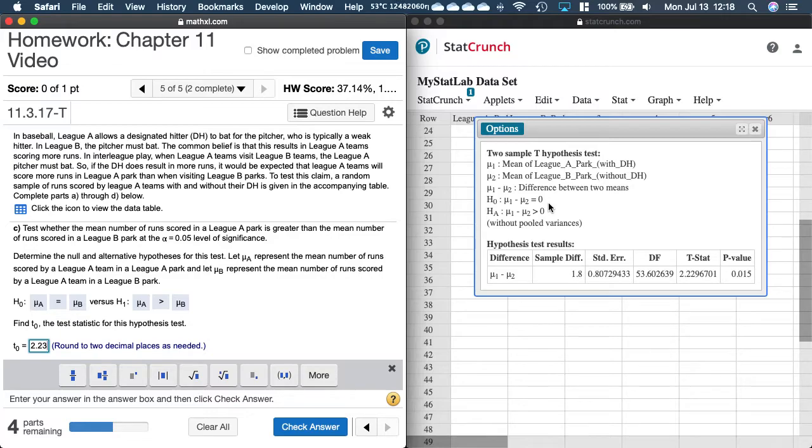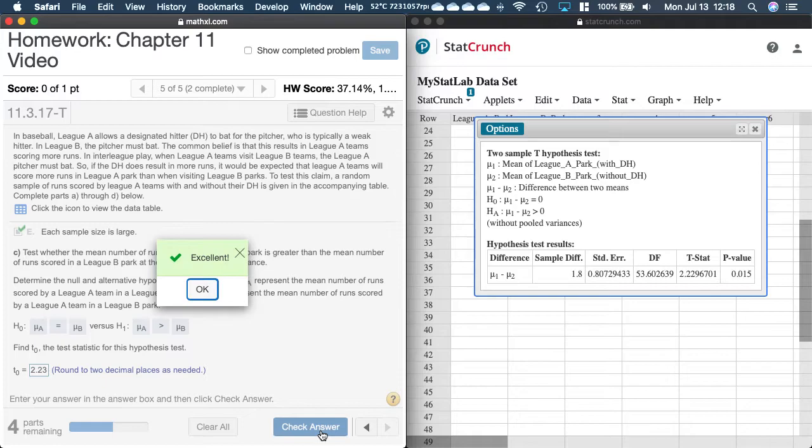So the question is, is that distance big enough away from 0? The test statistic, 2.23, is telling us that the difference in the two population means, or in this case the two x-bars, is 2.23 standard deviations above the mean.